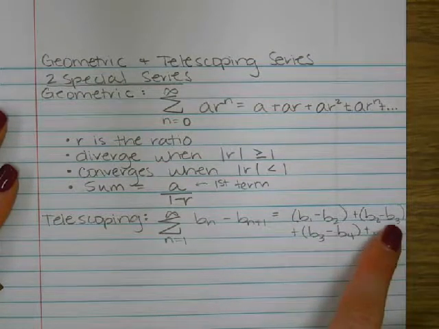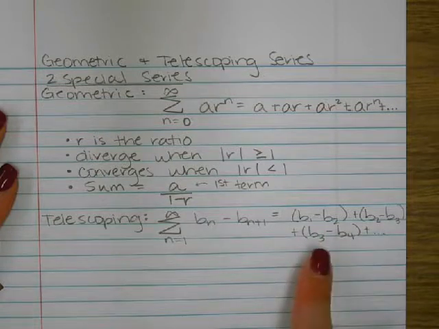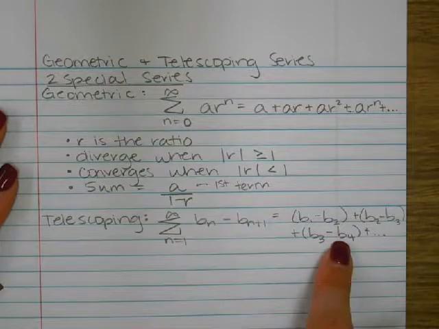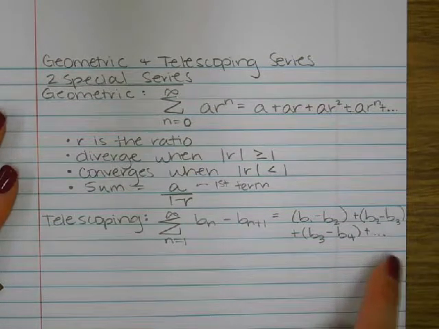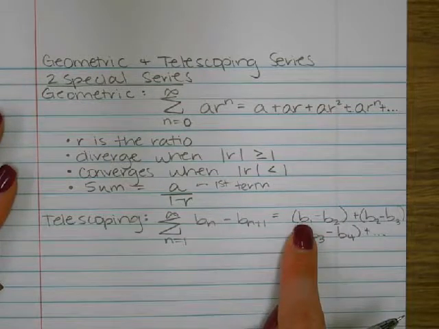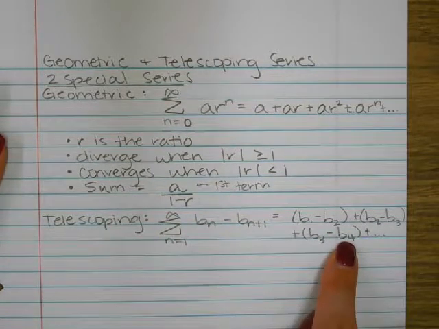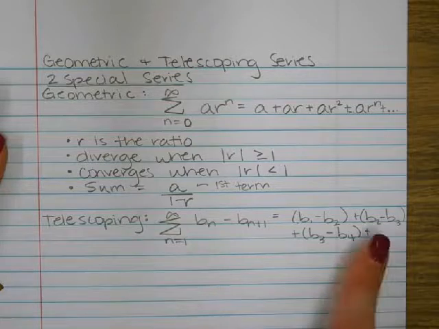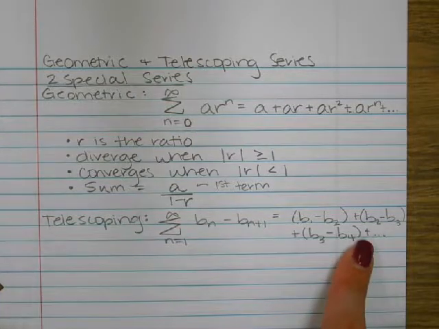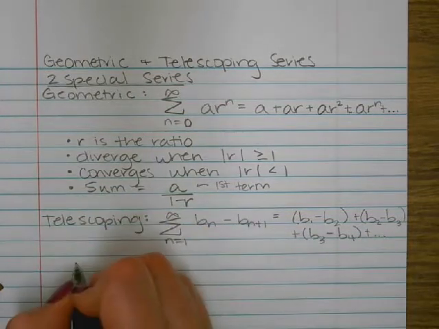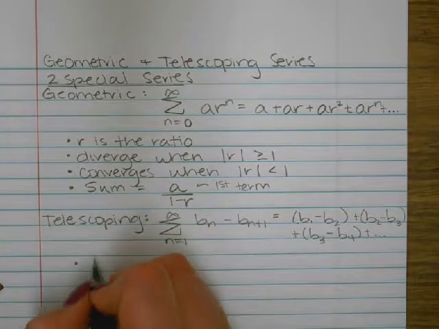I'm subtracting b sub 3 and then adding it, those two cancel out. I'm subtracting b sub 4 and then adding it, they cancel out. So you'll notice that b sub 1 is going to stay. That never cancels out with anything. The other thing that's going to stay is whatever your very last term is when you actually plug infinity in. So that's how telescoping terms work. What that means is that most of the middle terms go away.